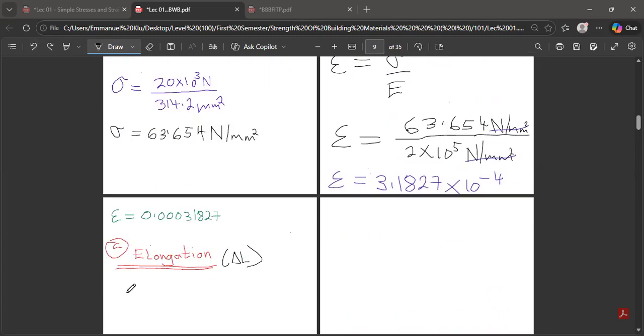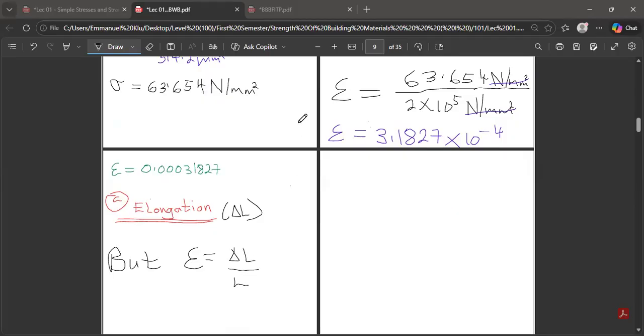Okay. So we know that, let me start by saying that strain is equal to change in length over original length. Okay.